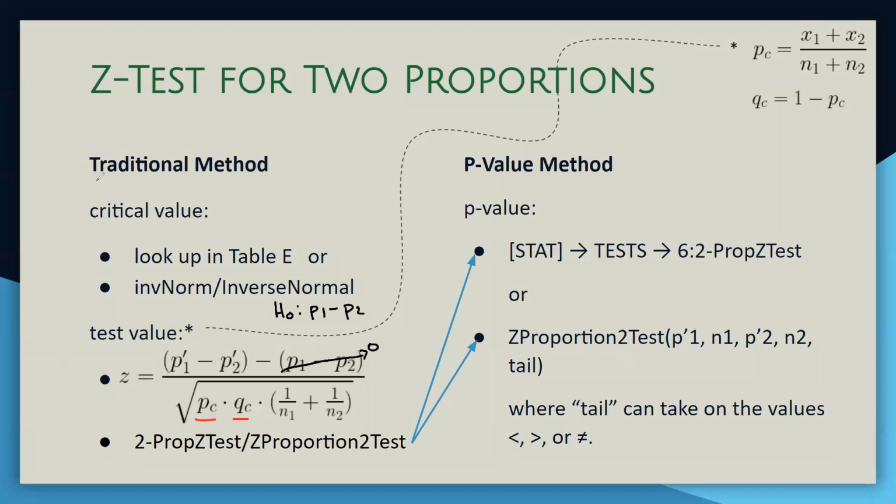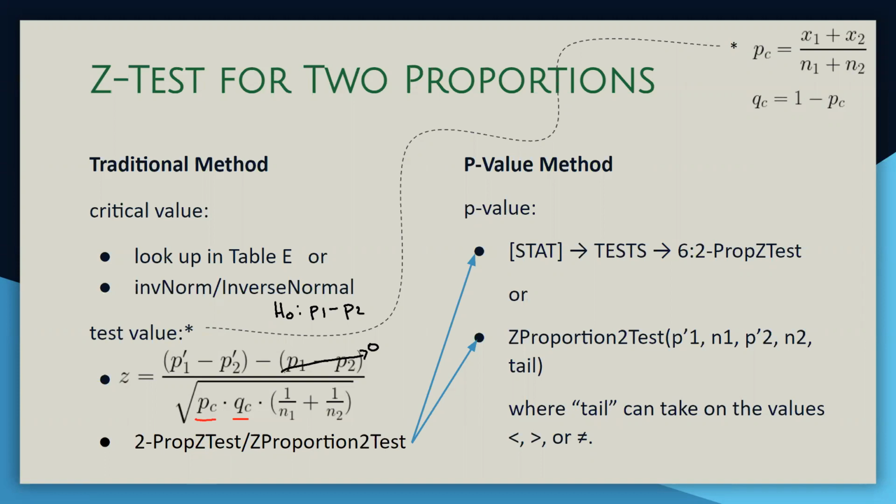I don't know about you, but I'm lazy. So my instinct is to use the calculator functions, and they are going to be the same calculator function that we're using for the p-value method. For the TI-84, you're going to go to the stat test menu and pull up option 6, 2-PropZTest.